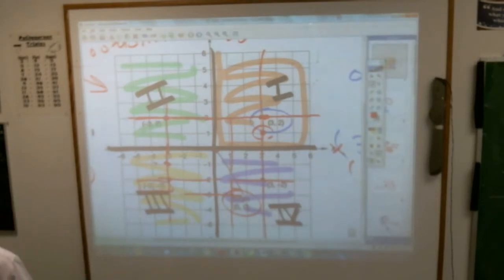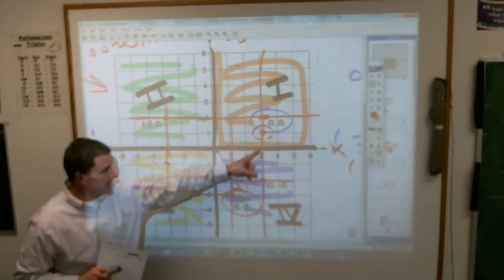How about point D? What are its coordinates? Aubrey? -3, 1. And number 6, what has the coordinates of 3, -1? Jenna? C. What? 3, -1? +3, -1.